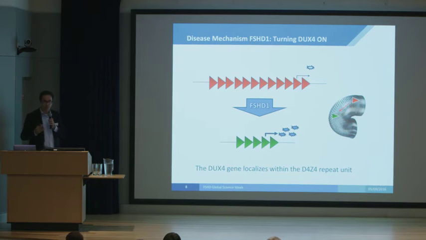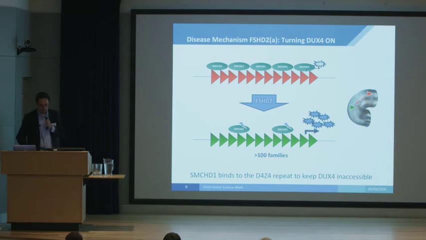Now I also told you that you need proteins to keep the DNA either in this configuration or that configuration. And one of those proteins is called SMCHD1. This SMCHD1 binds to the repeat and is necessary to maintain the repeat in this closed configuration.